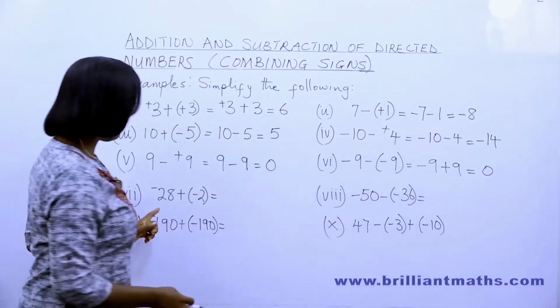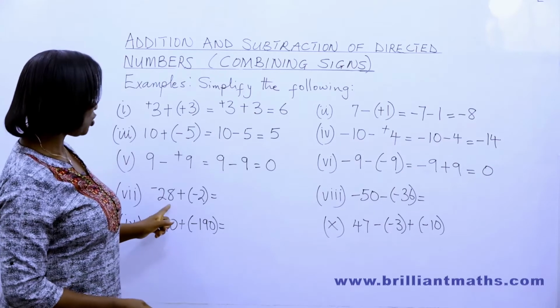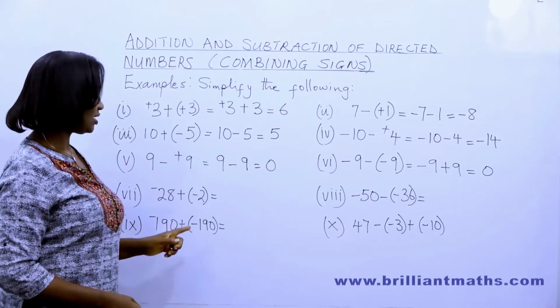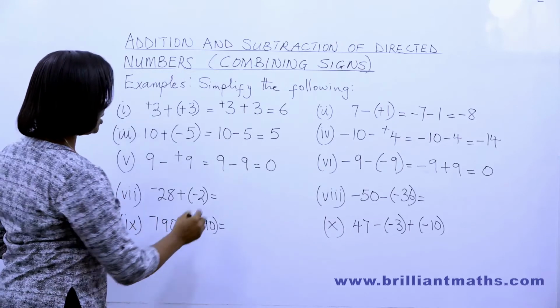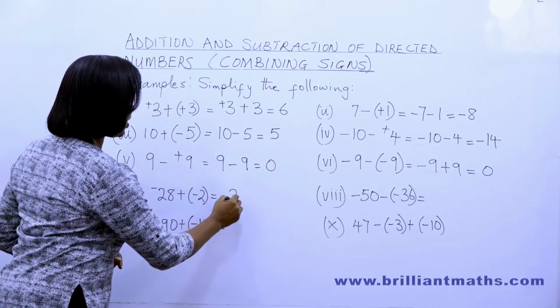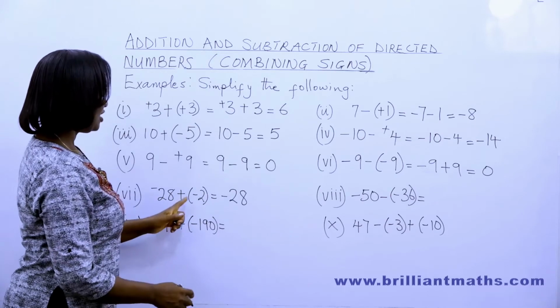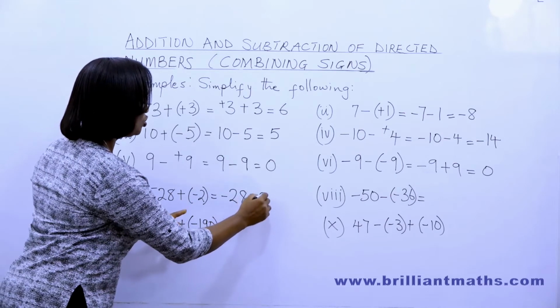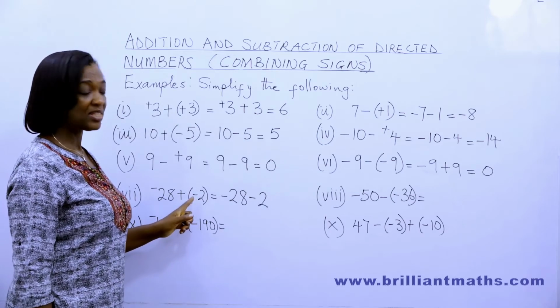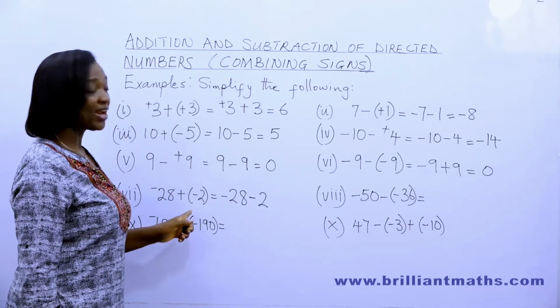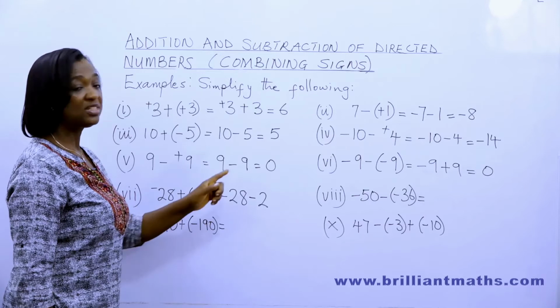In the next example, we have negative 28 plus minus 2. That will mean minus 28 take away 2, because plus and minus separated by a bracket actually means taking away.